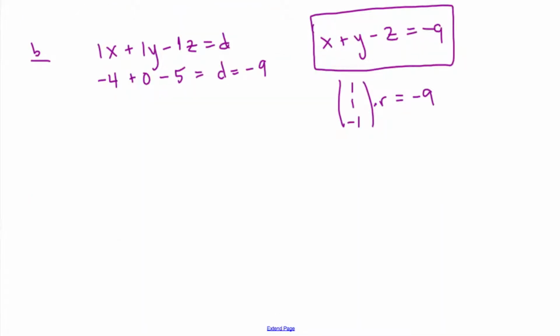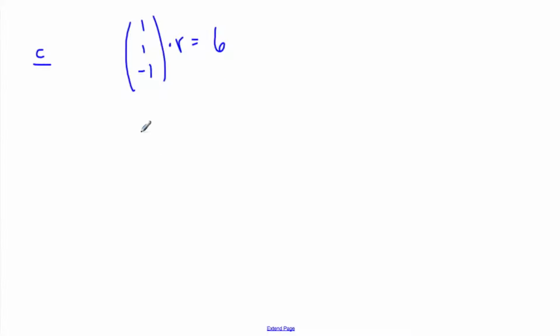Okay, so part C. We've got our two planes, (1, 1, -1) dot r equals 6, and we have (1, 1, -1) dot r equals -9. Now in order for us to find the distance to the origin, this needs to be a unit vector. Right now it has a length of √3. So if I wanted to make it a unit vector, I would multiply by 1 over √3 on both sides.